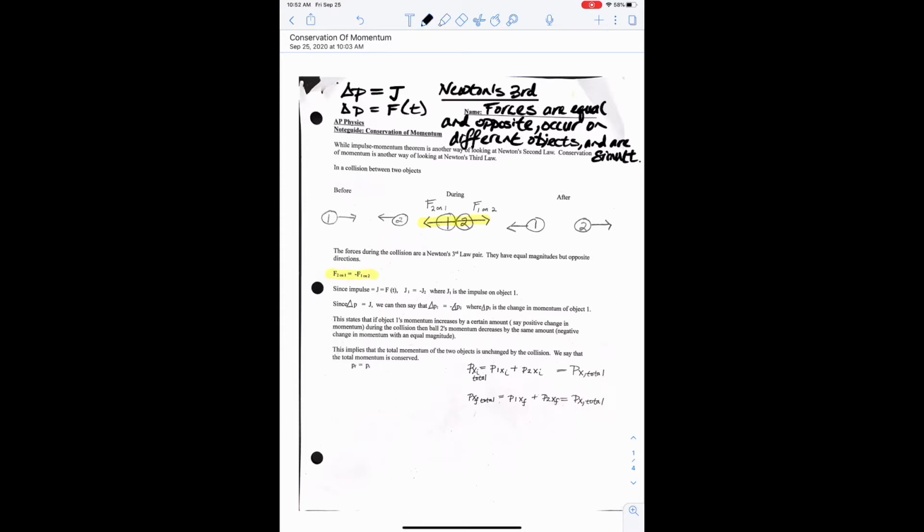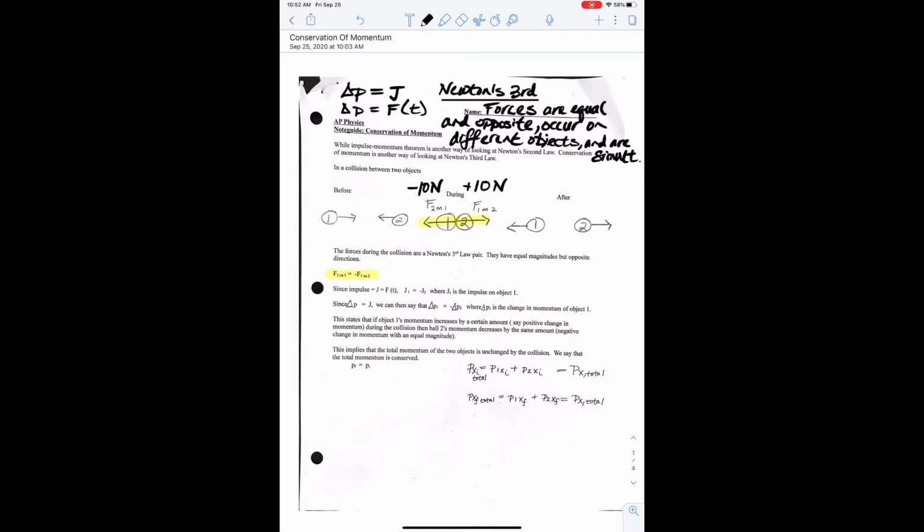That's kind of tough to think about, but you can think about it this way: say this force right here of 1 on 2, which points right, is positive 10 newtons, and then this force right here, F of 2 on 1, would be negative 10 newtons. So the force on object 1 is to the left and negative, and the force on object 2 is to the right and positive.